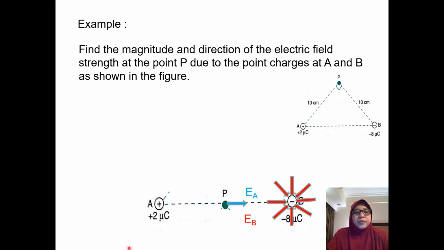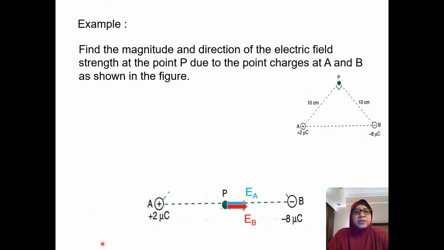Okay, so we bring it here because we want to determine the direction of electric field at P. Whatever charge we put here will experience the electric field by these two charges, charge A and charge B.